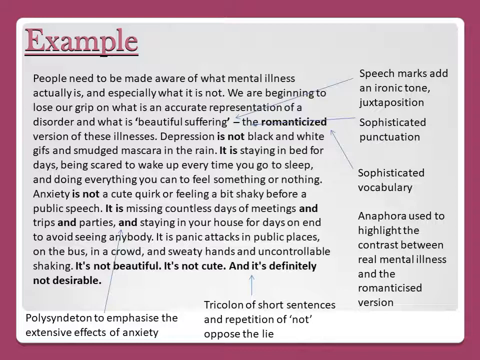"Panic attacks in public places, on a bus, in a crowd." So by taking away the conjunctions there, they've sped up the pace. And actually, what's so clever, they've almost created the effect of anxiety through the asyndeton, or you can call it asyndetic listing.